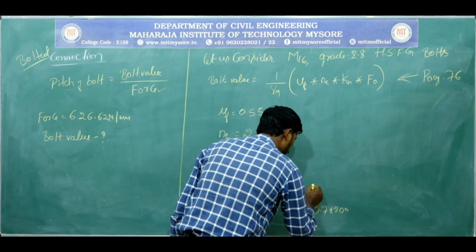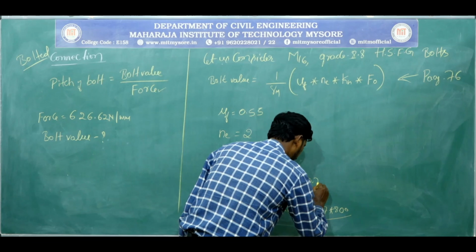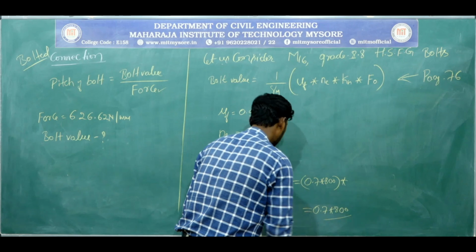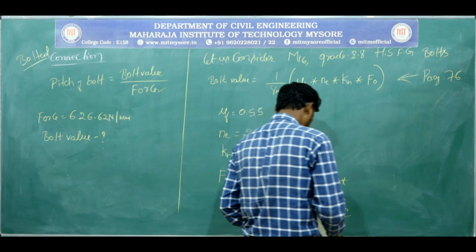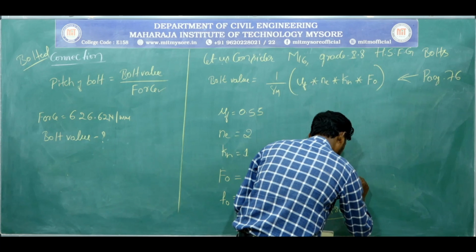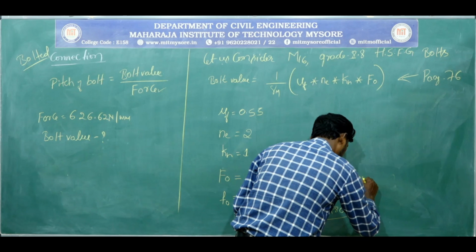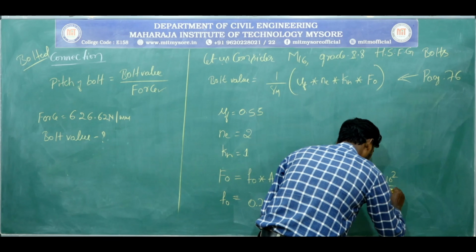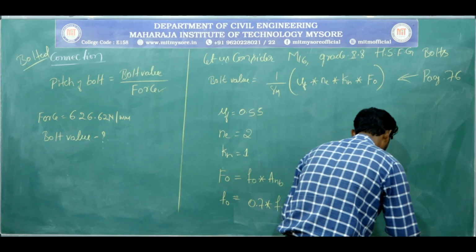Here it will become 0.7 into 800 into the net area of the bolt. How much should we consider? 0.78 into pi d square by 4 is the net area of the bolt.